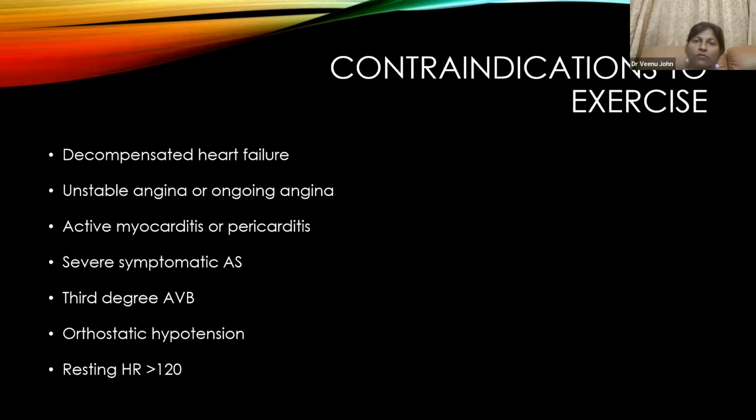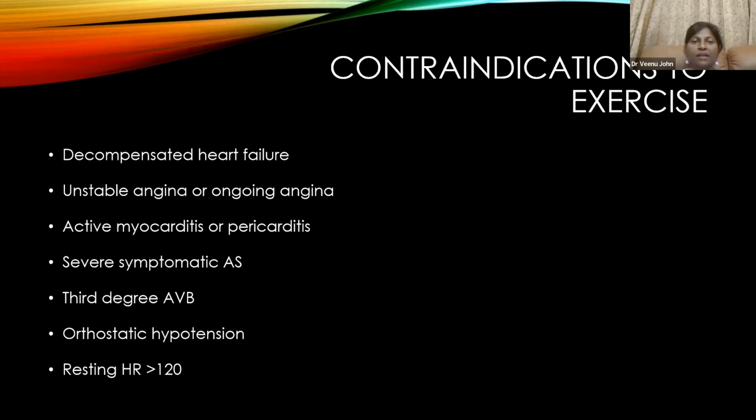Somebody who was walking 1 kilometer every day is developing angina when they walk 500 meters, then it is an unstable plaque sitting there. In those cases, we are not going to give any exercise prescription till the problem is sorted out. They have to go for an angiogram and get the unstable plaque fixed. After that, we can give them an exercise prescription.